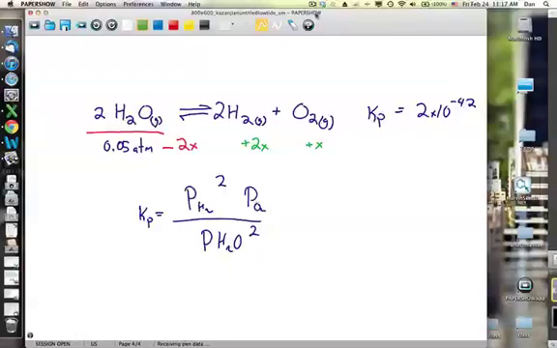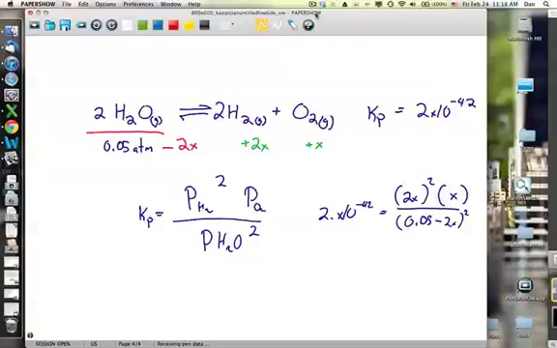And we could plug all of the values in, to give us 2 times 10 to the negative 42nd is equal to 2x squared times x, over 0.05 minus 2x squared.